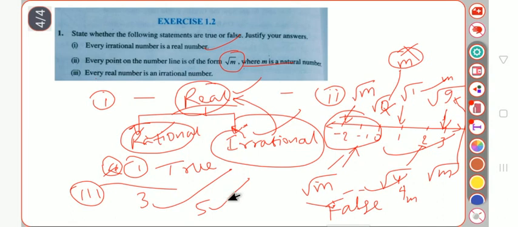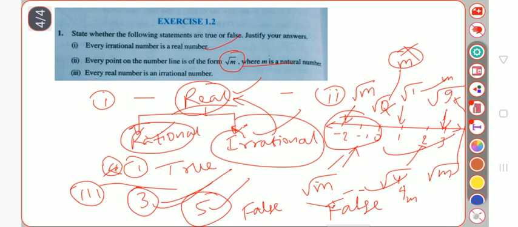Every real number can be rational or irrational, but every real number cannot be only irrational. I have given an example: root 5 is a real number but it is not rational, and 3 is a real number but it is not irrational. So this statement is also false.